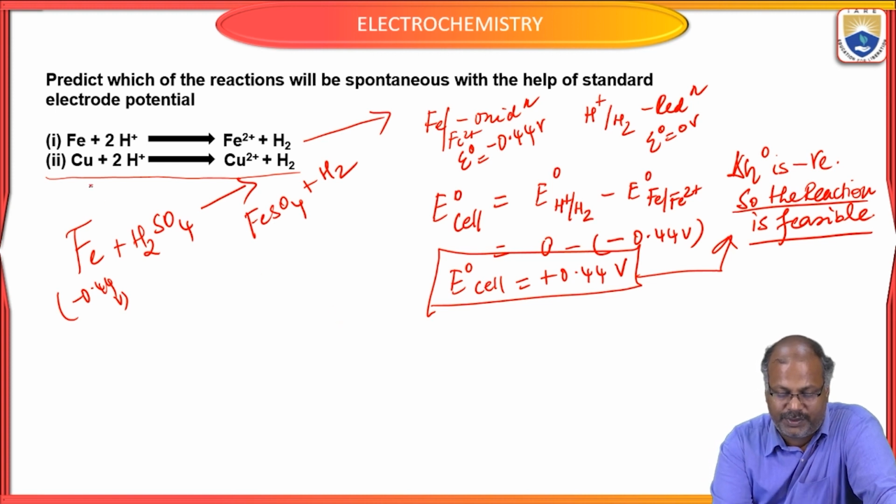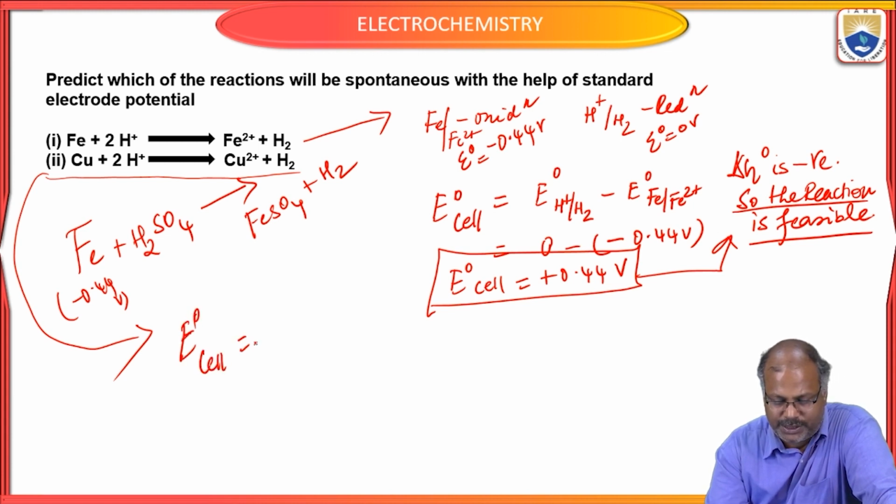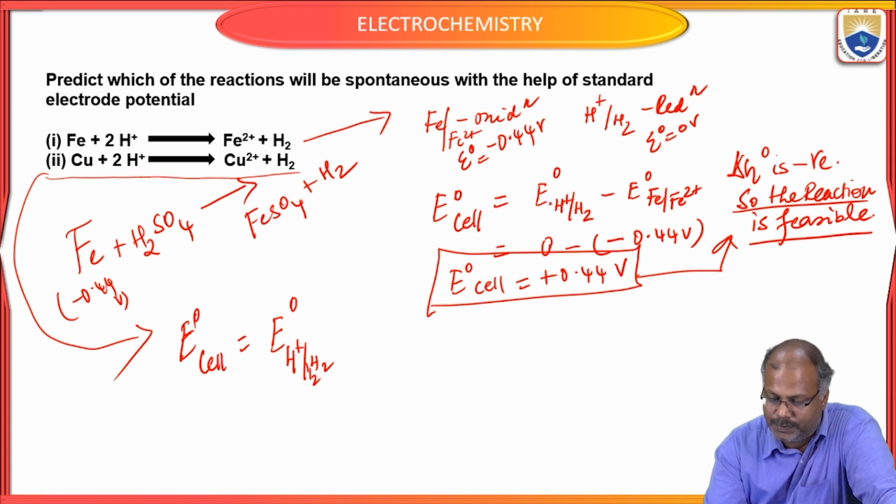Anyway, we will see from the second one also. Copper undergoes oxidation. So E0 cell is equal to, first which is undergoing reduction, hydrogen, E0 H plus by hydrogen, minus E0 of oxidation, which is undergoing oxidation, copper.